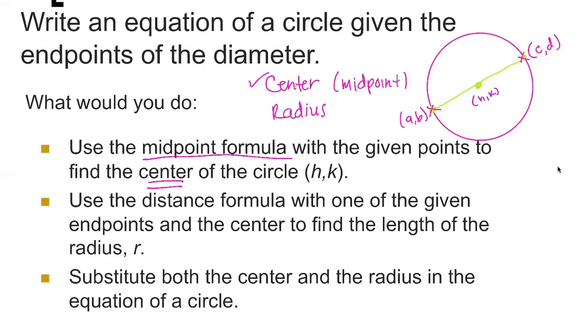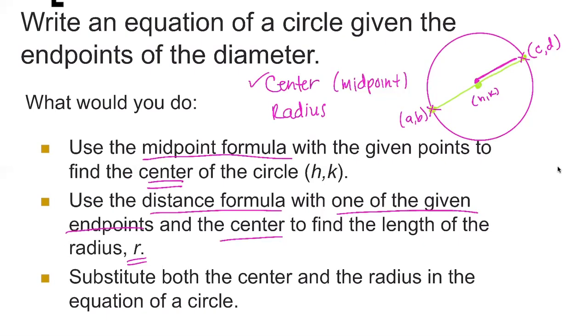Now we have to find our radius. Once we know the center, we can find the radius by finding the distance between the center and one of the given endpoints. It doesn't matter which one.